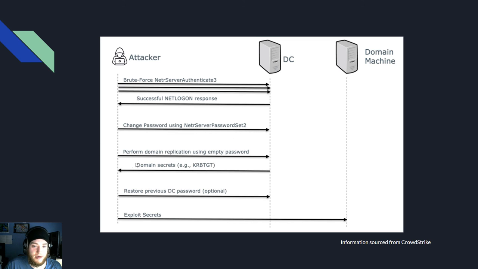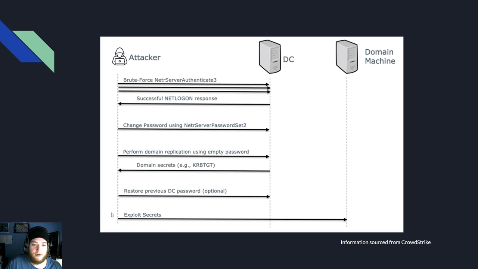And then once we changed that password down here, right, perform domain replication using empty password, we were able to dump those secrets. In this case, all those hashes. And then when we finished, we popped that machine password back to what it was, that original registry value.